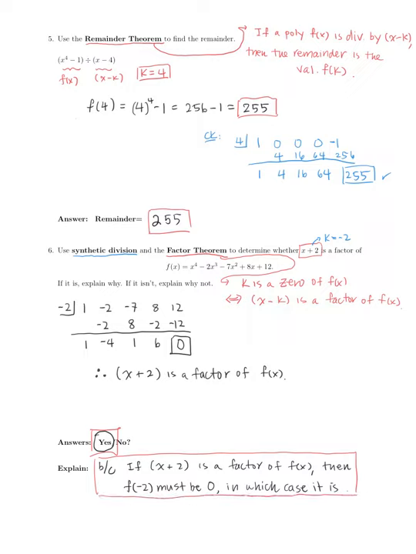Here you go. Just in case, let me just write down what I just said for the other answer. You could also say because if x plus 2 is a factor of f of x, then when you divide f of x by x plus 2, the remainder should equal 0.